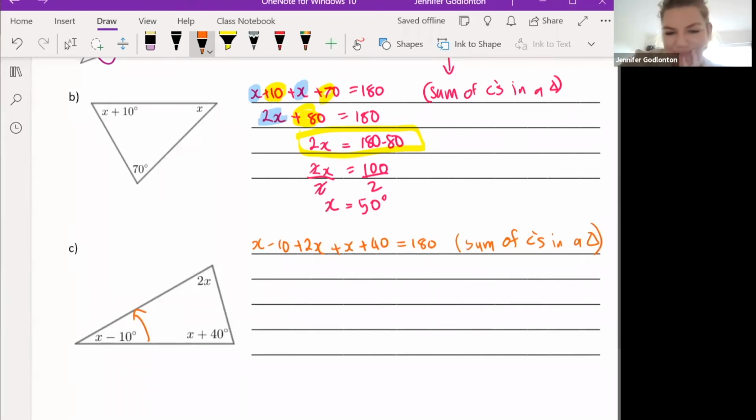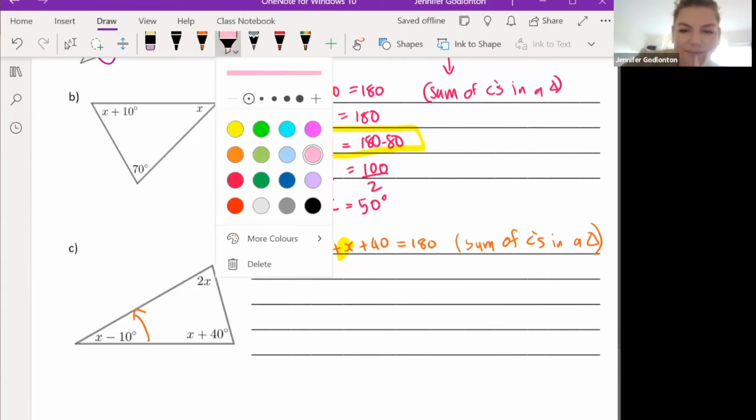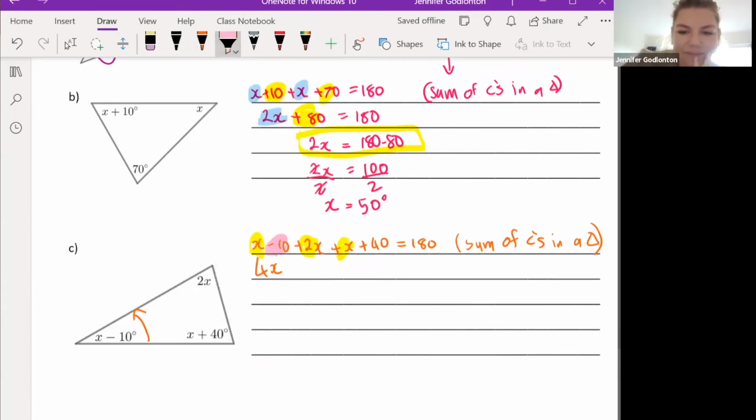Next line. Ma'am, then you're going to add the x's, which is going to be 4x. Good. 4x plus negative 10 plus 40 is equal to 180. Great. Next line.